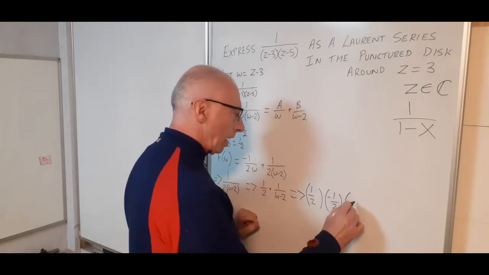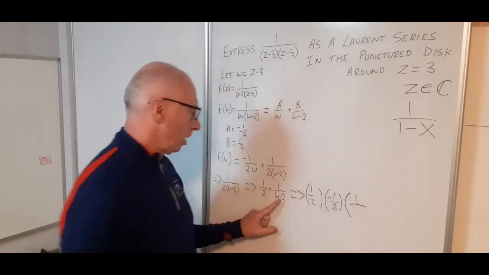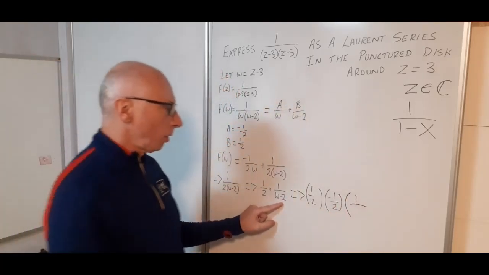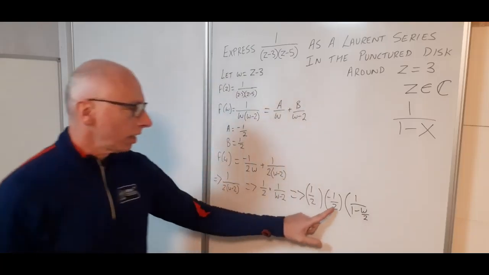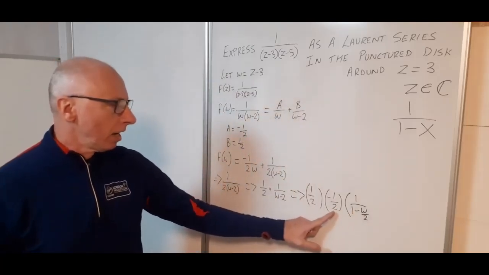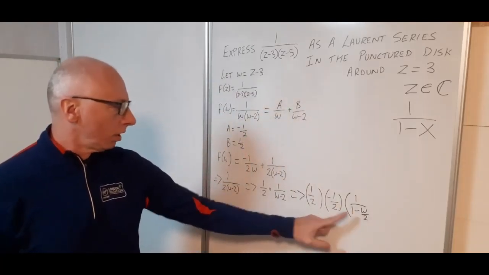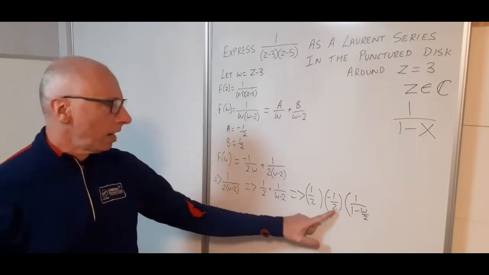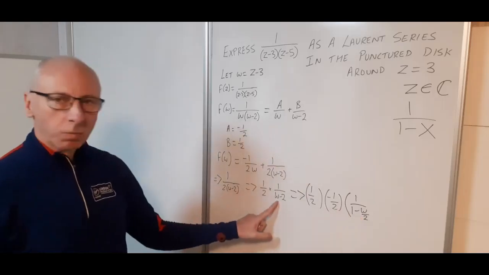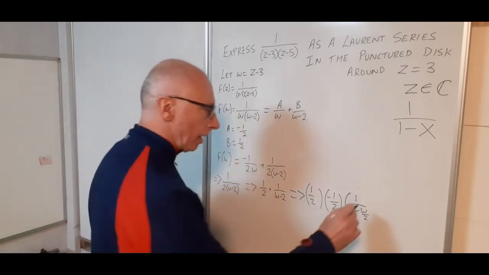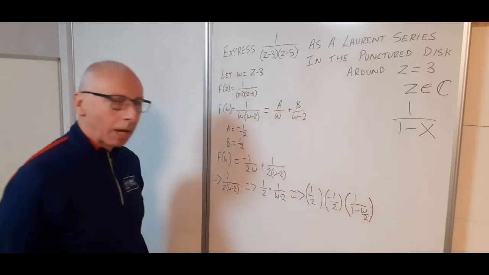So then I will have 1 over 1 minus w over 2. So you can see now if I distribute that back in, I've got minus 2 in my denominator here, and in here I would have plus w, which is what I've got there. So that's what I want there. Now close off the bracket when I'm happy with that.